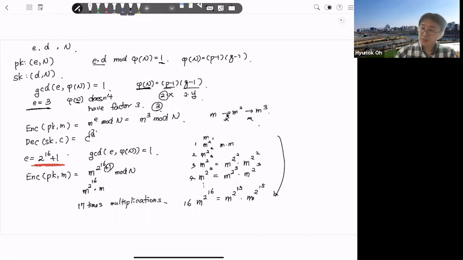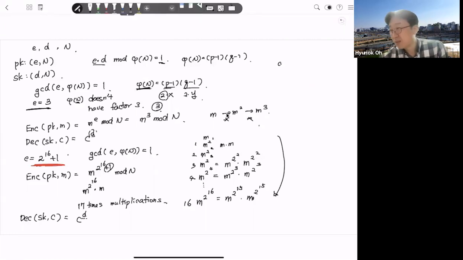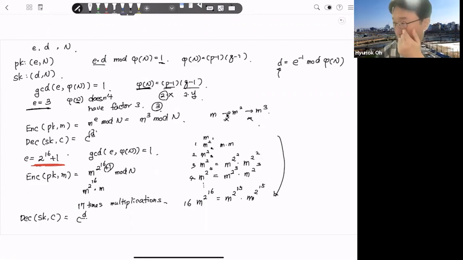Okay. For the decryption, it depends on the size of D, right? So D is E inverse mod phi n. Generally the D value is almost the same size as phi n, so it's much larger, like 2000 bits.